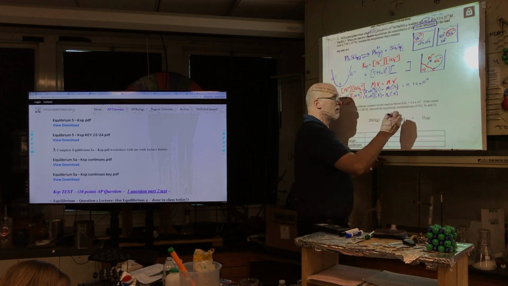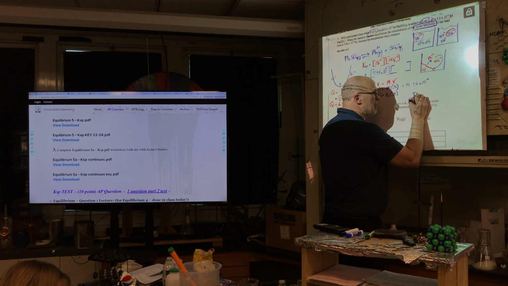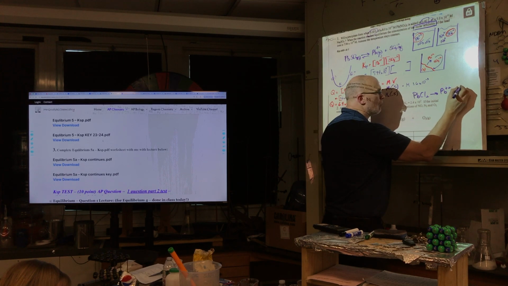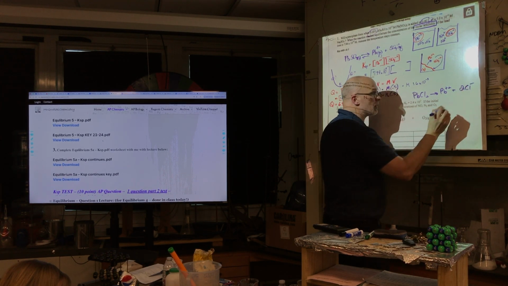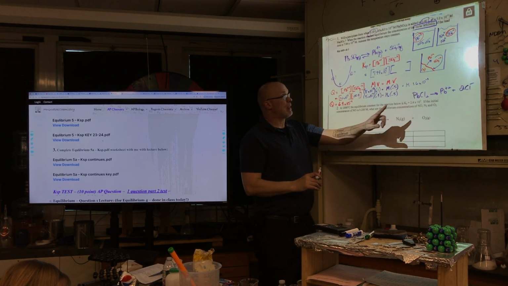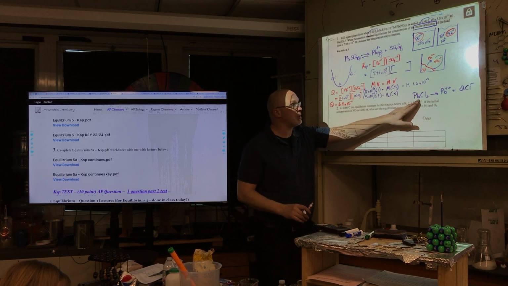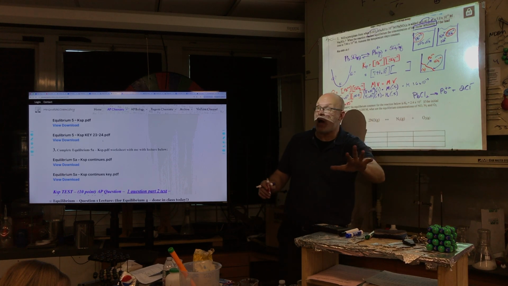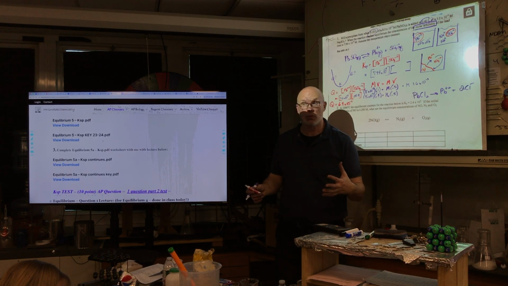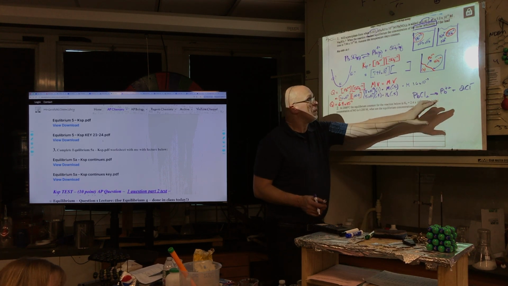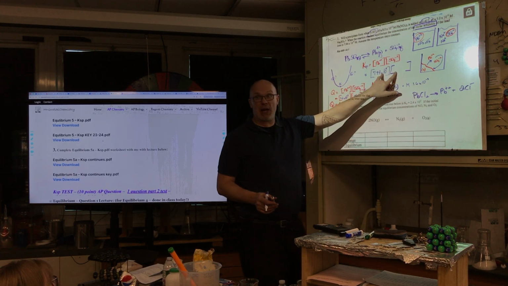For instance, PbCl2 would break apart to Pb2+ and 2 chloride ions. If that was the case, I'd have to double that one, because one of these makes two of them. Stoichiometry is always with us. So here it's a 1-to-1, so they have to be the same number.